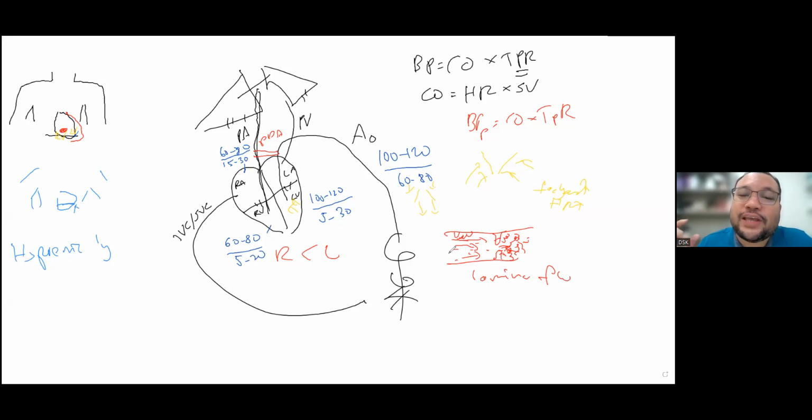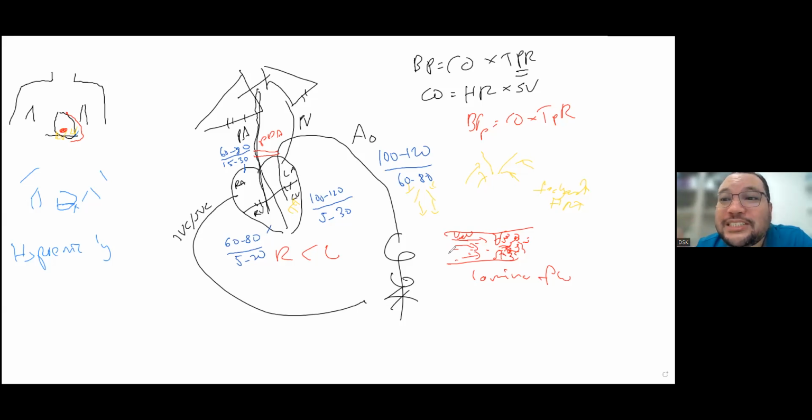In PDA, what you'll get is a murmur that is continuous but of different intensity. This is what we call a continuous machinery murmur. So it's not just a continuous murmur, it's a continuous machinery murmur, because the murmur sounds like a machine.